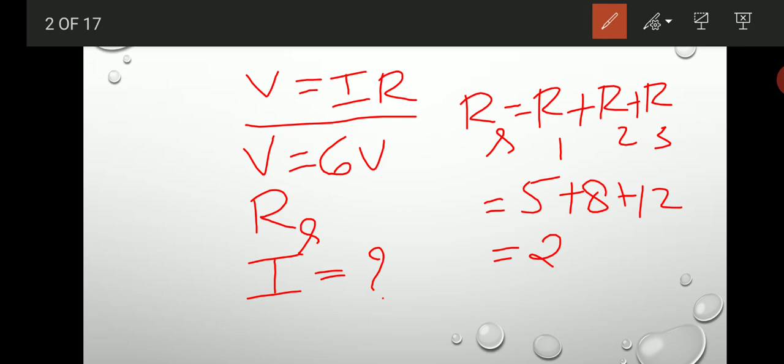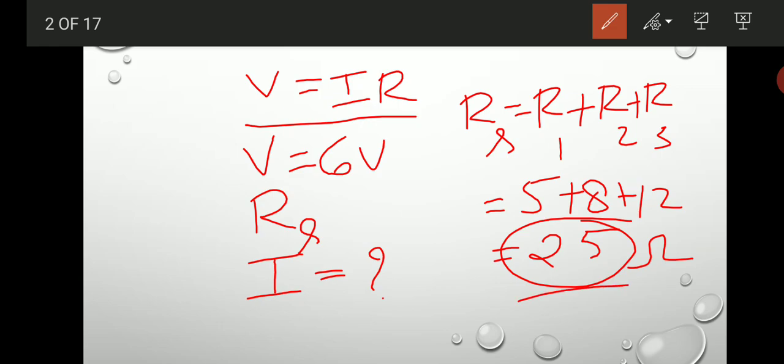So this is the effective resistance. If the resistors are connected in series, the effective resistance is the sum of the individual resistances. And if the resistors are connected in parallel, the effective resistance is the sum of the reciprocals of the individual resistances, that you already learned.